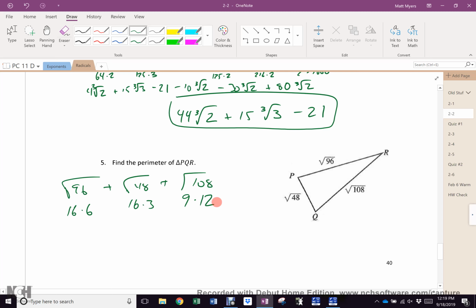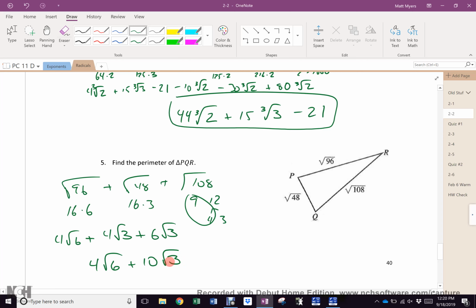If I did 9 times 12, I would have to remember that that's 4 times 3. And there is a 36. So that is 4 root 6 plus 4 root 3 plus 6 root 3, which is 4 root 6 plus 10 root 3.